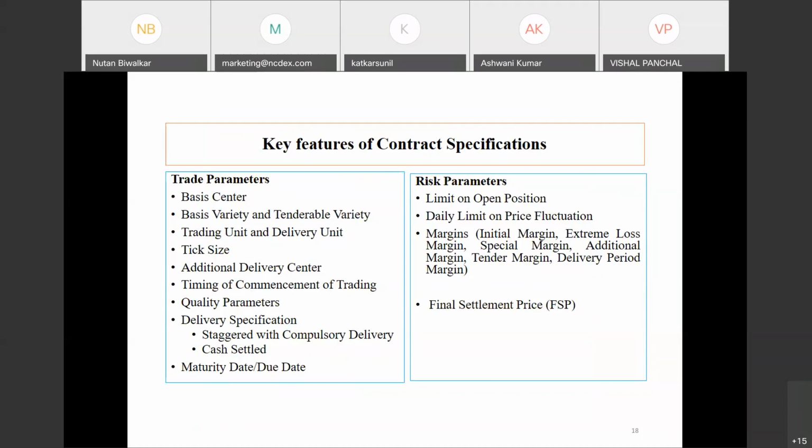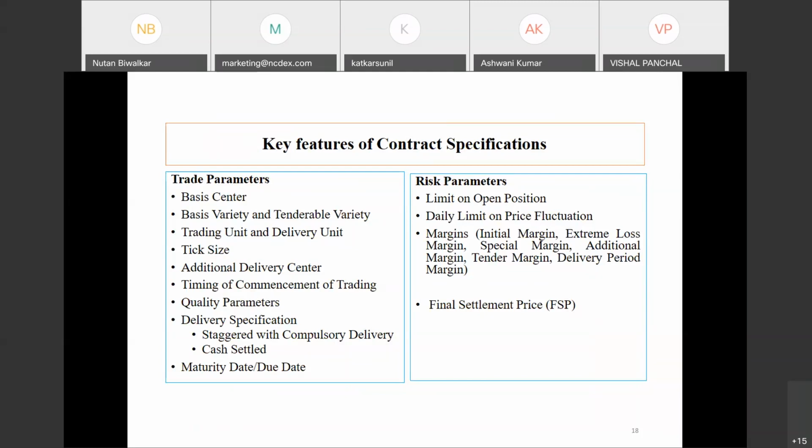If it is an insignificant or inactive delivery center, you have to remove it. So this contract specification is always getting reviewed. And we have to fix the contract specification in line with the practices prevailing in the ready market. As I told you, this is a dynamic market, and the futures market is a mirror of the ready market.